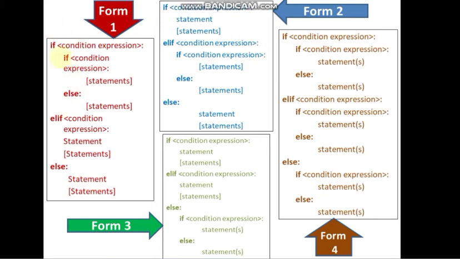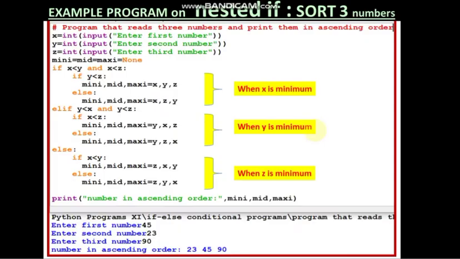So here you can see the example that if and else is under if in form 2, if else is under elif in form 3, here if and else are given inside else, and in the last form you have if else inside all of if, elif and else. So these are the different syntaxes of it.